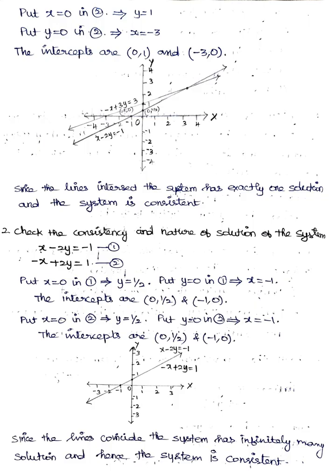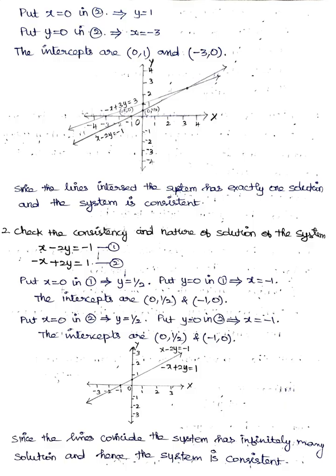The intercepting points are (0, 1/2) and (minus 1, 0). Likewise, for equation 2 we get the same points: (0, 1/2) and (minus 1, 0).